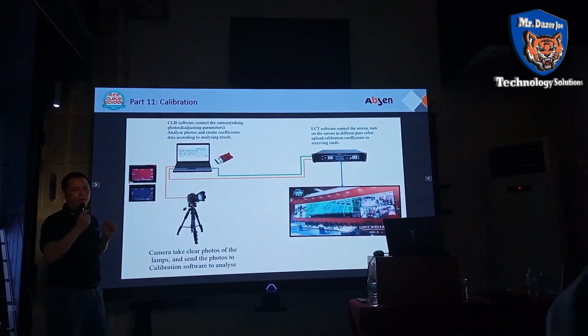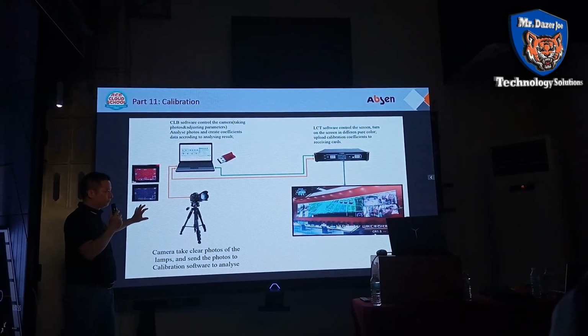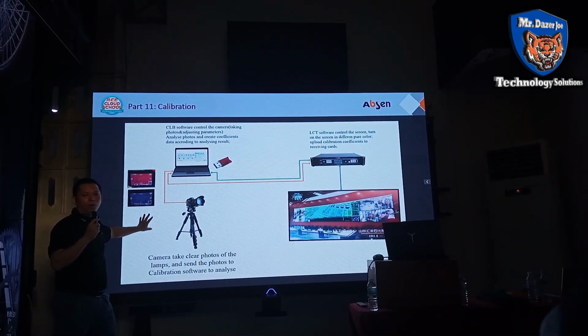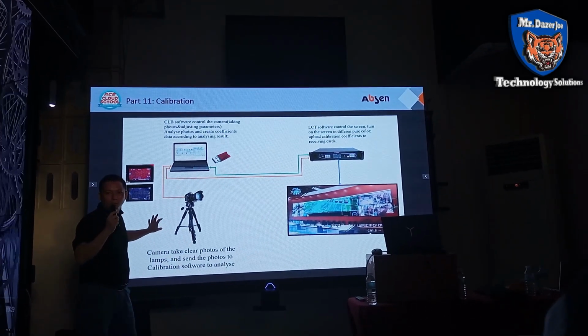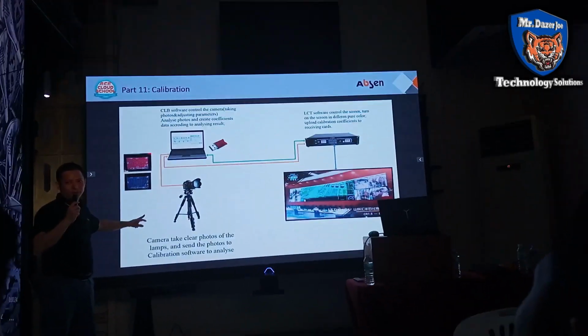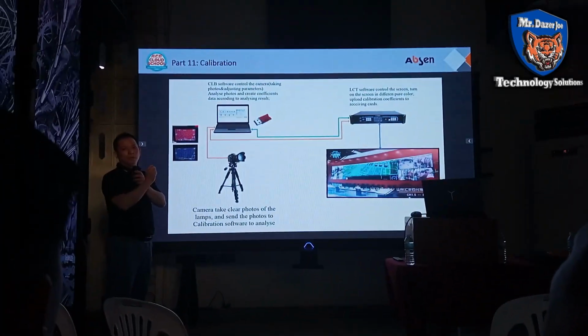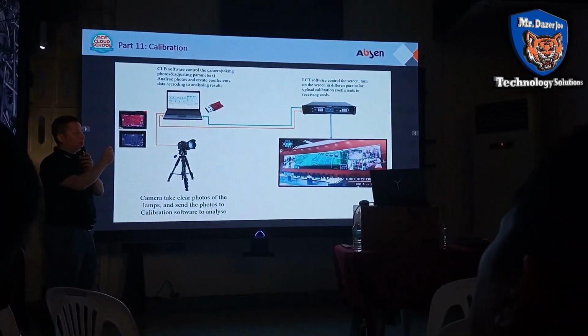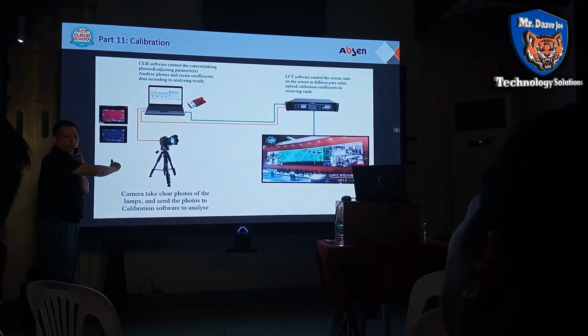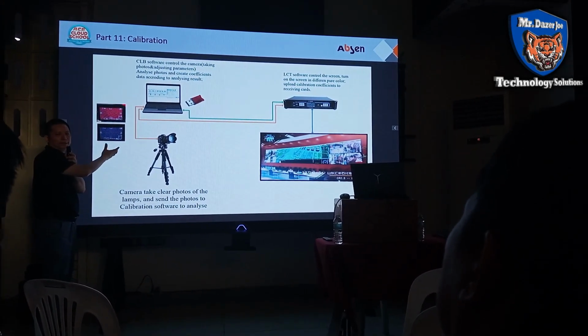We can also calibrate one panel or one module. We can even calibrate part of the pixels. We just use the Nova LCT software to choose part of the screen. This is one panel.